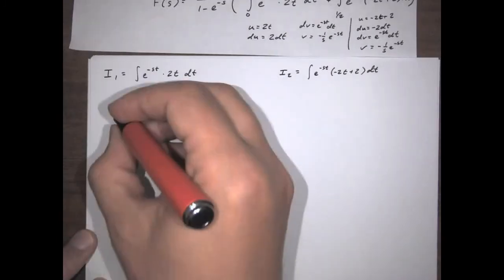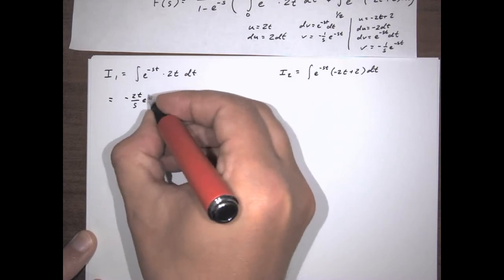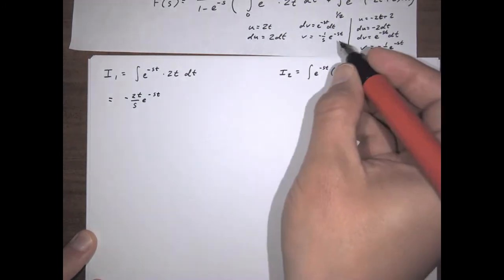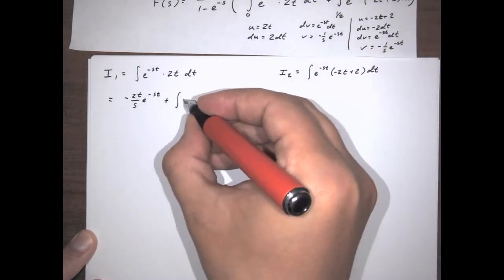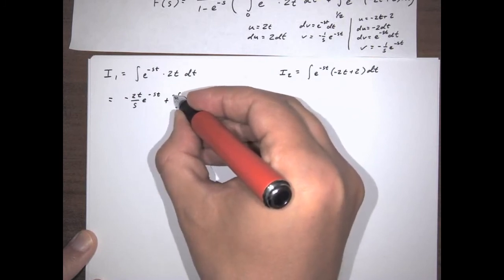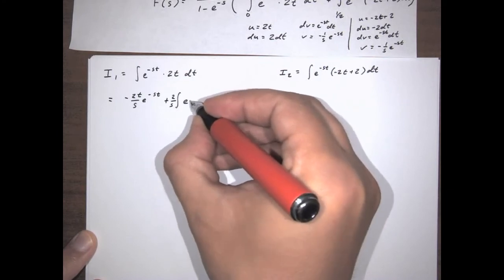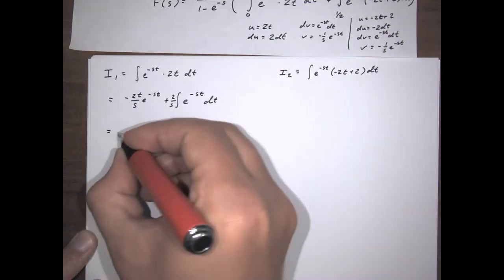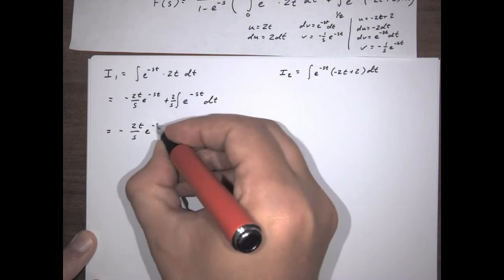So I1 is going to be equal to uv, so it's negative 2t over s e to the minus st, minus the integral of v du. You can pull out the negative and make it plus the integral. You can pull out the constants, which are going to be a 2 and an s, from the perspective of t anyway. That leaves e to the minus st dt, which is going to be negative 2t over s e to the negative st.